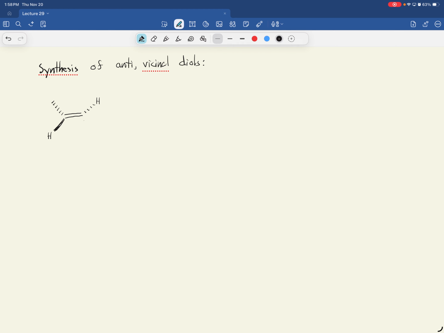So let's take trans 2-butene, like before. Okay. So one, we're going to use MCPBA, and two, we're going to use H plus and H2O. So what does the first step do? What kind of functional group do you form there?